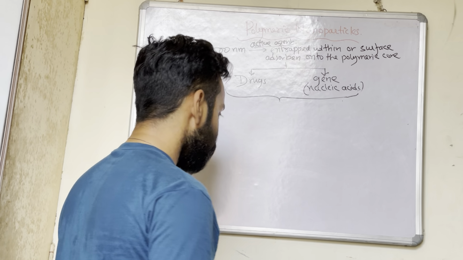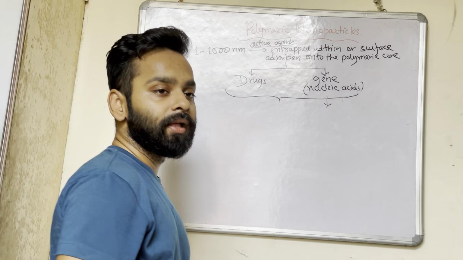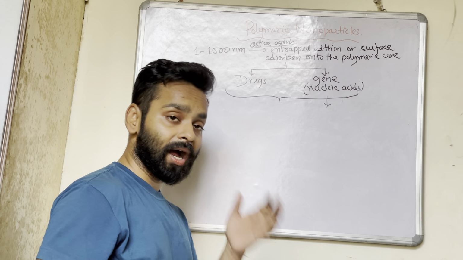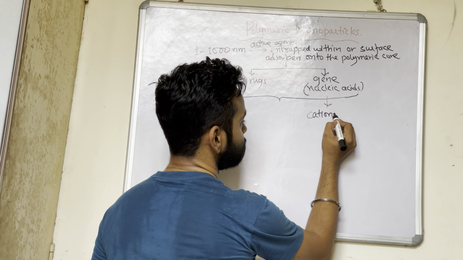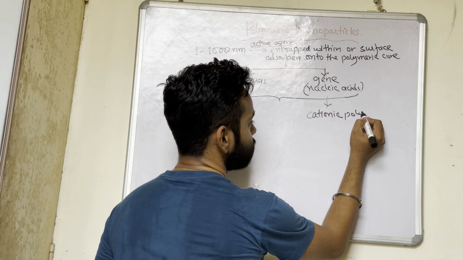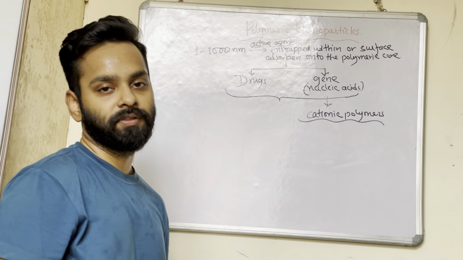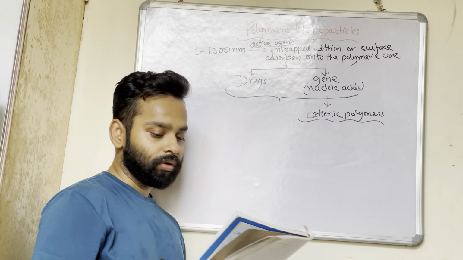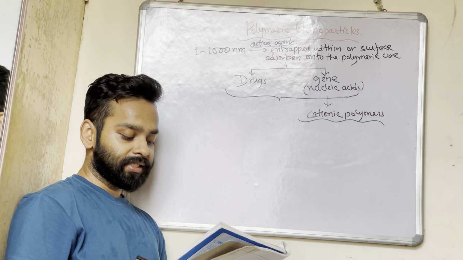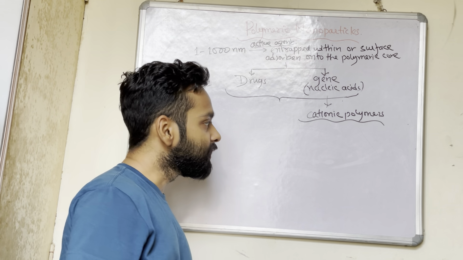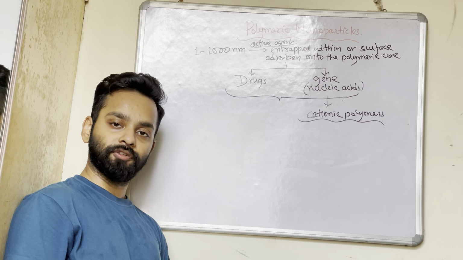So, for delivery of nucleic acids, the polymers which are used are cationic polymers, that is, polymers having a positive charge. These polymers are conjugated with genetic material, that is DNA or RNA, via electrostatic attraction at the phosphate groups.